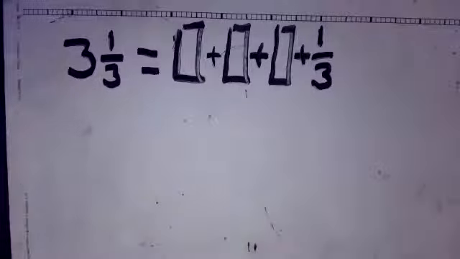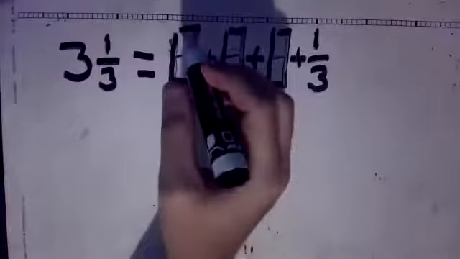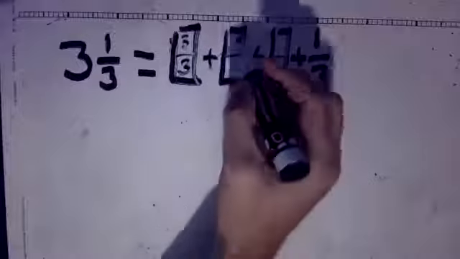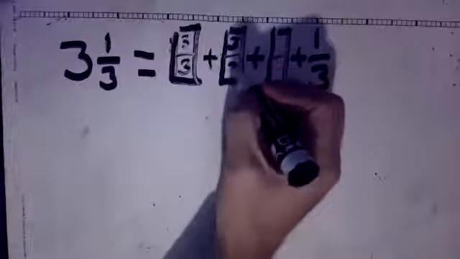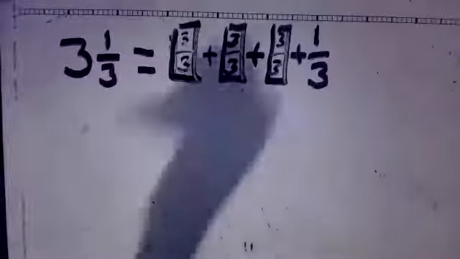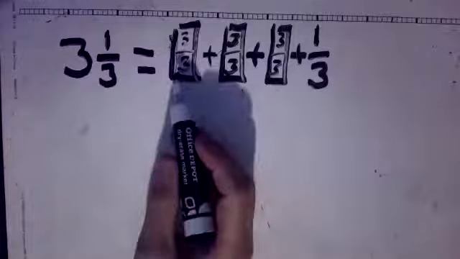And now we're going to change each of these into an equivalent form of 1 that'll let us add across. And I have thirds, so I'm going to change each of these into a fraction of 3 thirds. 3 thirds, 3 thirds.